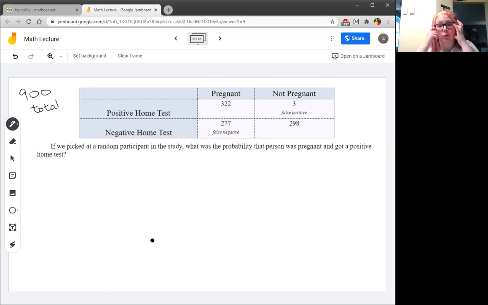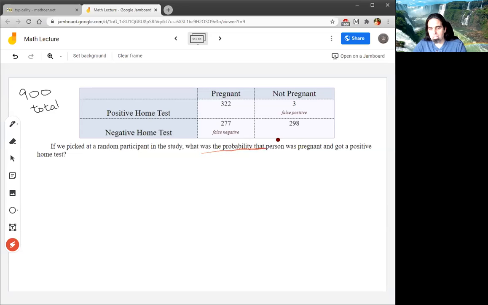Okay, say that question again, please. Sure. What's the probability that the person was pregnant and got a positive home test? We're just picking one random person from the study and wondering about them for some reason.